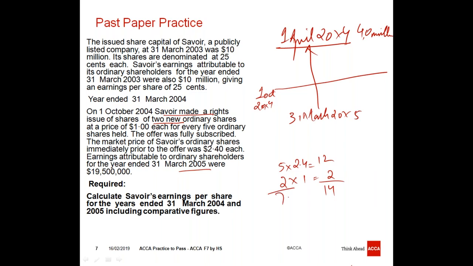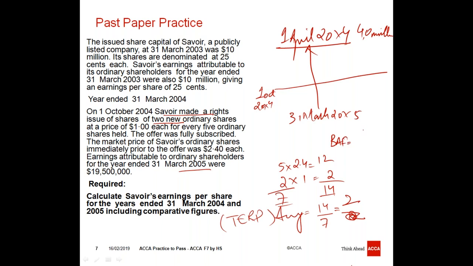So we have received 7 shares at a value of 14. So the average value of each share is 2. The technical name of this average value is the theoretical ex-rights price, called TERP.